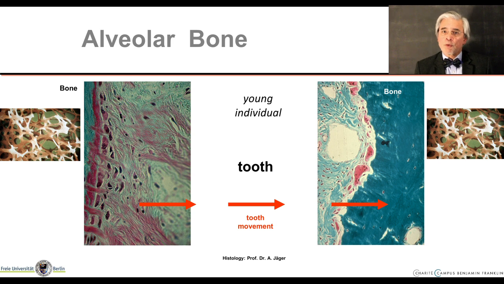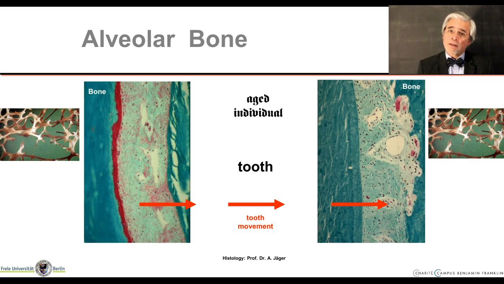And on the bone resorption side, the osteoclasts are active, just degrading bone. The resorption lacunae are well populated with osteoclasts. The tooth that would be located between the two histological images would move from left to right. And now here is the situation in the elderly person.